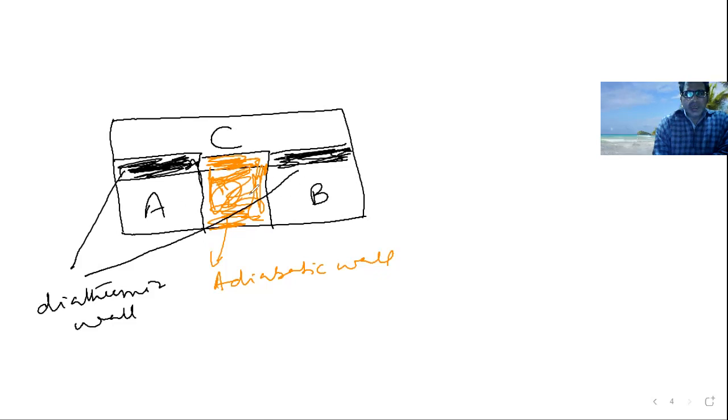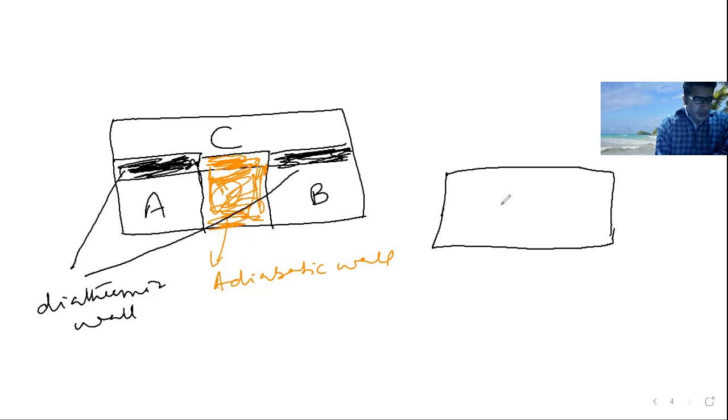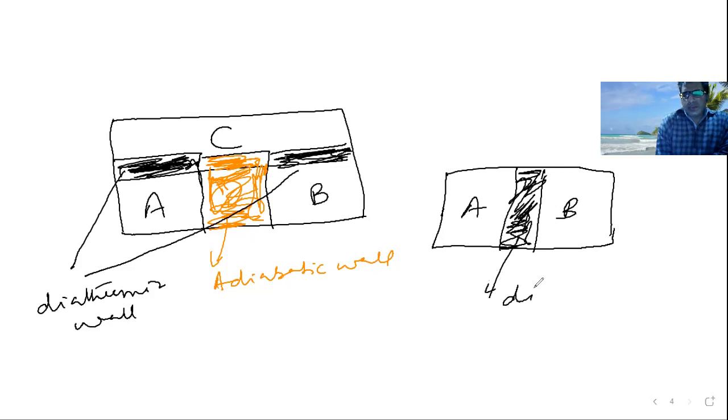Now if I bring these two systems A and B in thermal contact with each other, this is my system A, system B, and this is diathermic wall in between.